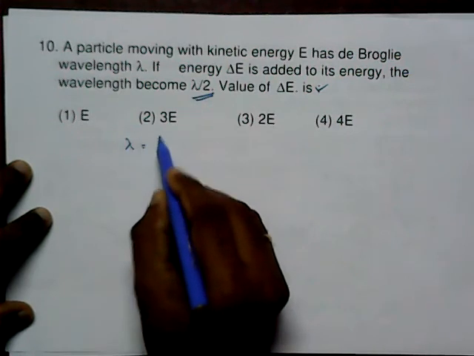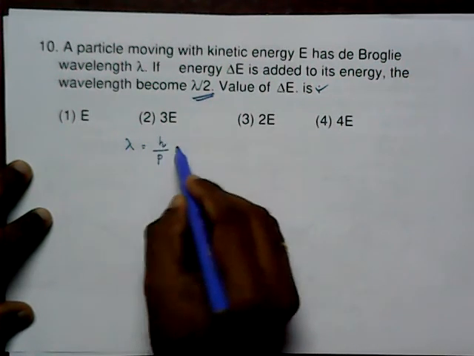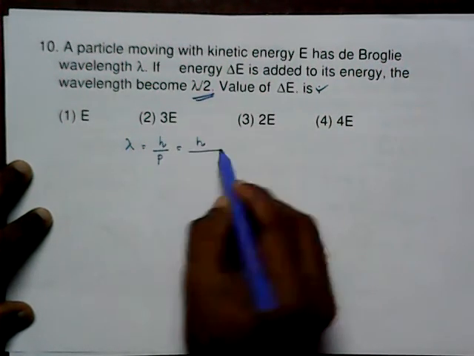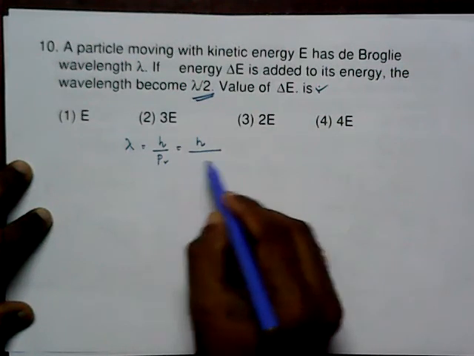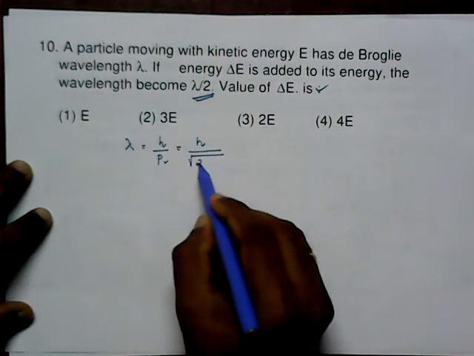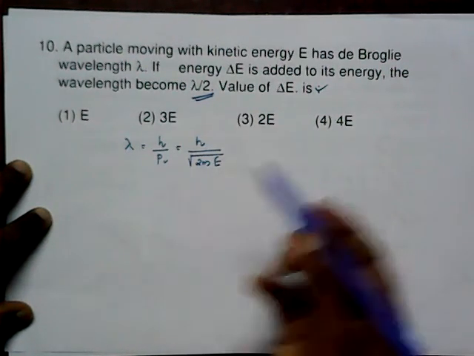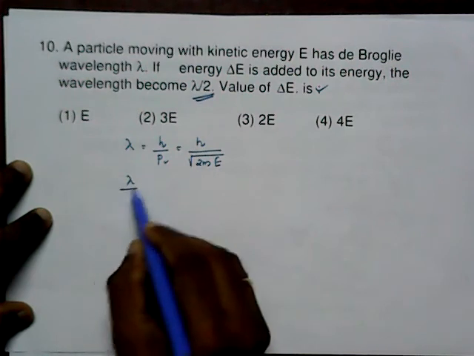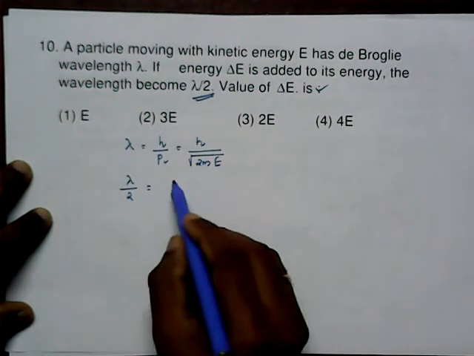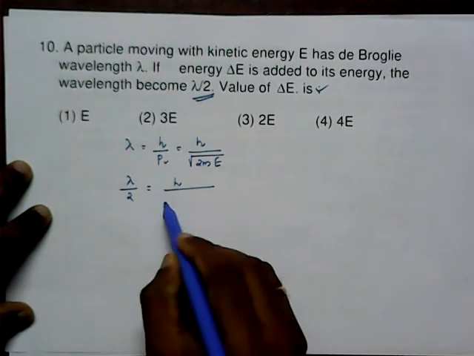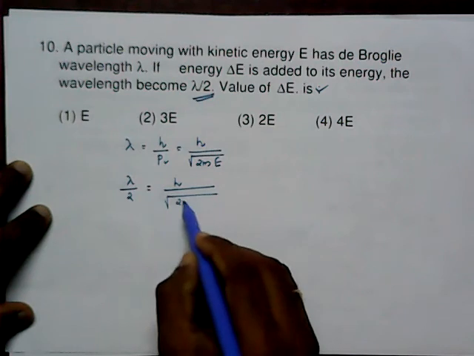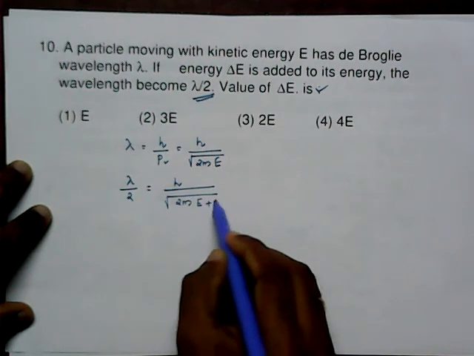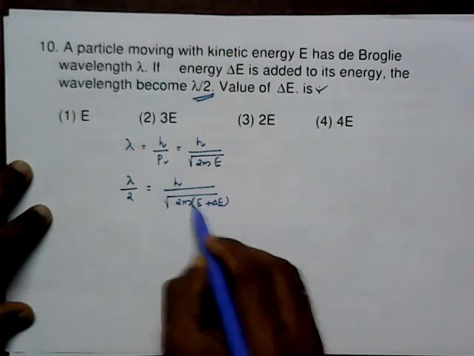You know, as lambda equal to h by p, we can substitute for p in terms of energy as root of 2m into E. But in the second case, this lambda becomes lambda by 2. That is equal to h by root of 2m times the energy, which is increased to E plus delta E.